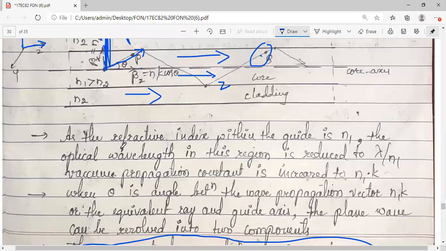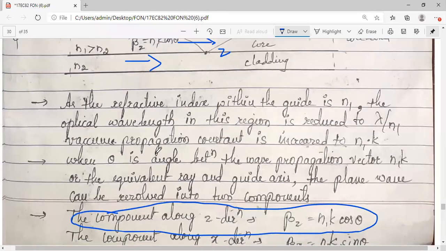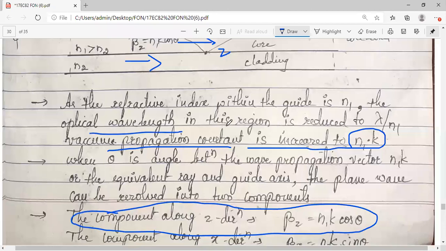When we were dealing with the modes in the planar waveguide, we have seen two terms. One is the propagation constant is increased to n1 into k. However, wavelength gets reduced to lambda by n1. We have already seen this. There will be two changes whenever light enters: lambda will be changed to lambda by n1, and beta will be changed to n1 into k.